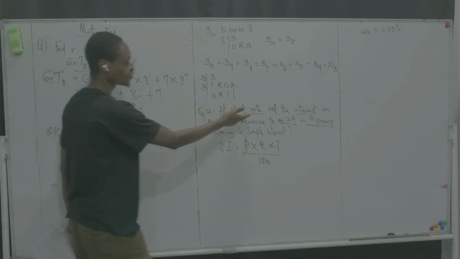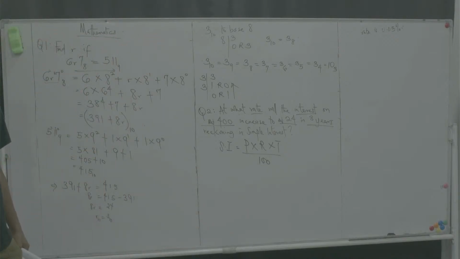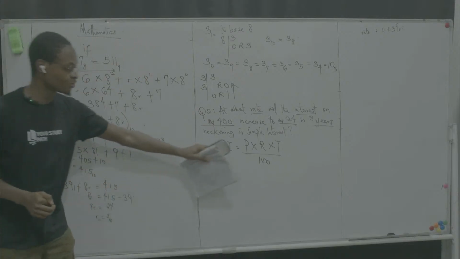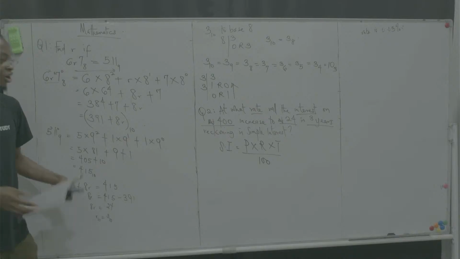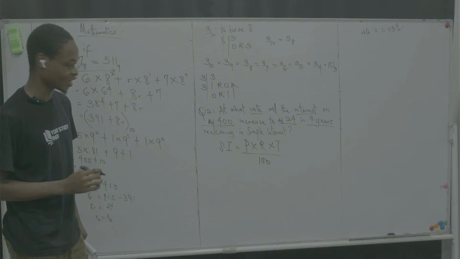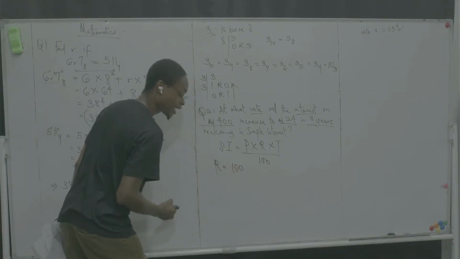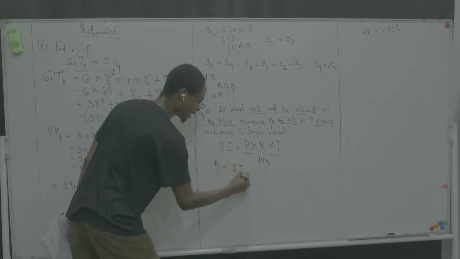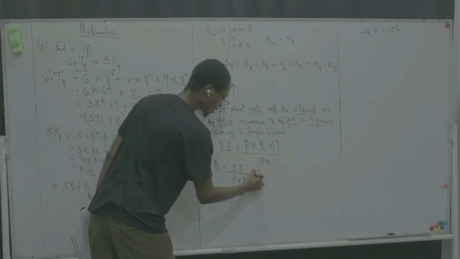No, in this case, we are looking for the rate. So whatever we are finding will be in percentages. Do you get? Once you use this formula and make R the subject of the formula, your value is going to be in percentages. Because look at it, R will be equal to simple interest divided by principal times time, times 100.